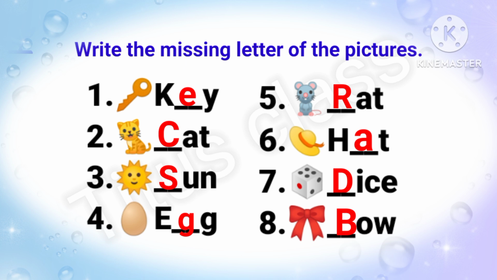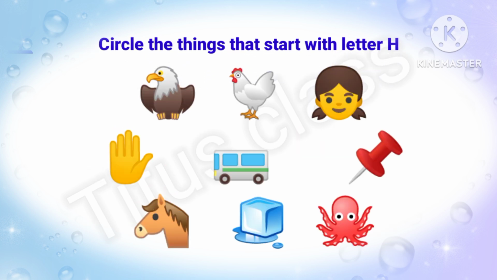Now our next question. Circle the things that start with letter H. In the first line, I can see eagle. Eagle start with E. So, it is not.